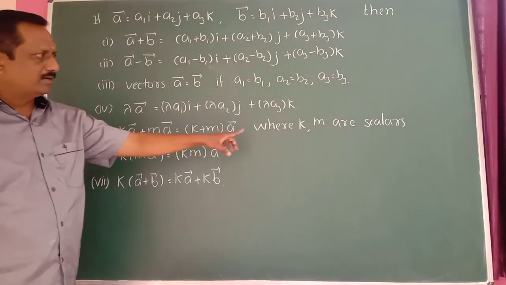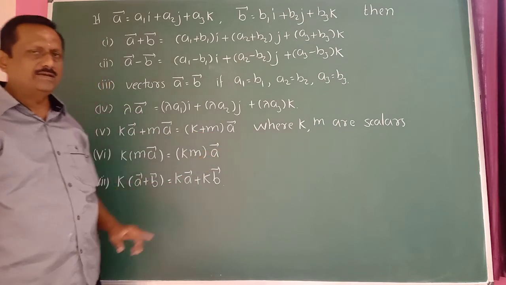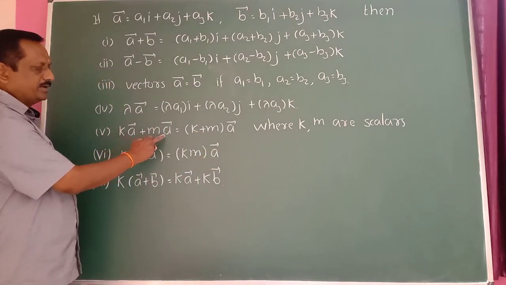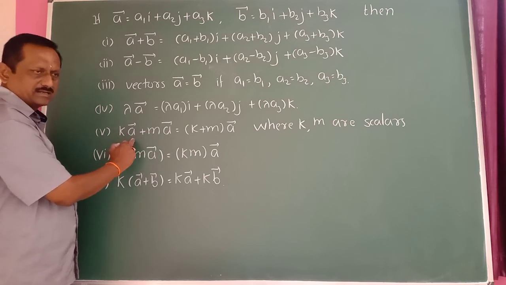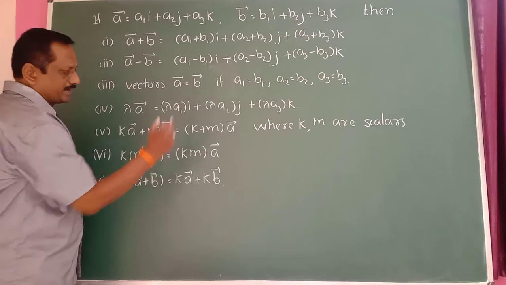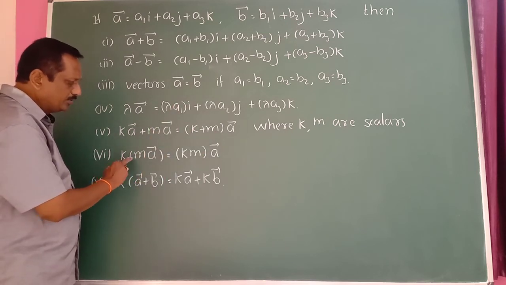And k and m are the scalar quantities. Then k a bar plus m a bar: a bar is a common factor, so write k plus m in the bracket outside, giving (k plus m) a bar.